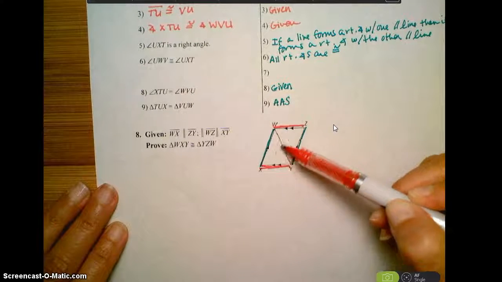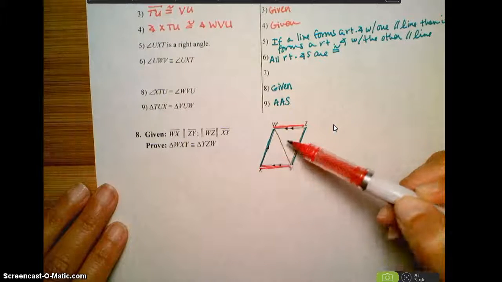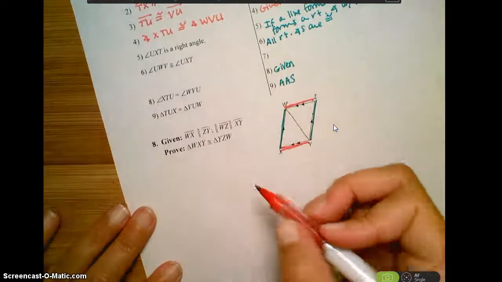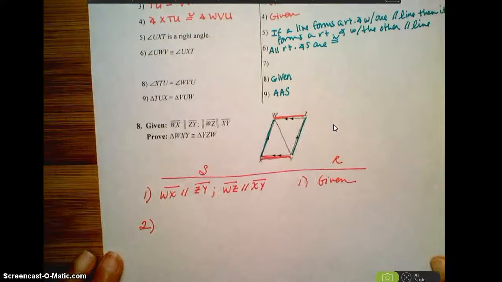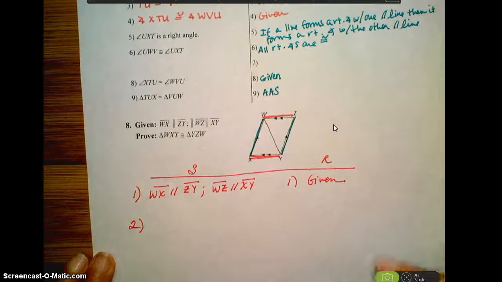Again, you're trying to prove these two triangles are congruent to each other. Well, let's go ahead and you guys take a second, put down your givens, and then ask yourself, if I know lines are parallel, what would I do next? Okay. So, if you know the lines are parallel, what are you going to do next?